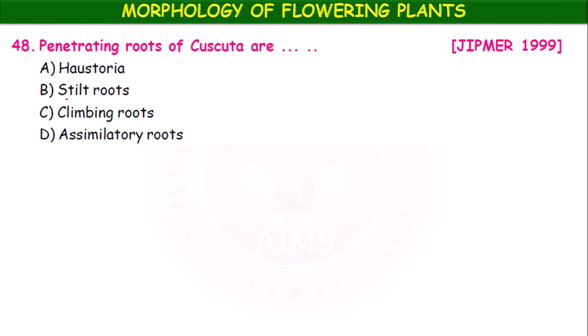This question appeared in JIPMER in 1999. JIPMER means Jawaharlal Institute of Postgraduate Medical Education and Research, a famous institute. The penetrating roots of Cuscuta or parasitic plants are called haustoria, stilt roots, climbing roots, assimilatory roots. It is haustoria.